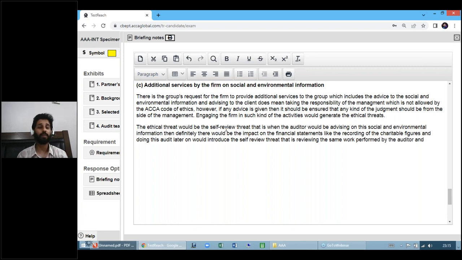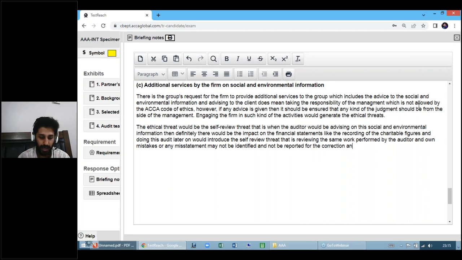When you are reviewing the same work which you have performed yourself, your own mistakes may not be identified, and any misstatement may not be identified and reported for correction.